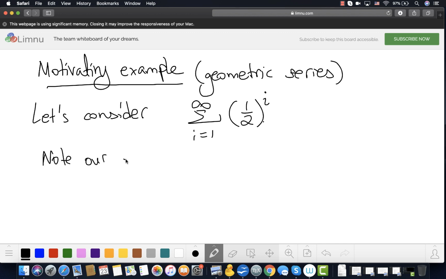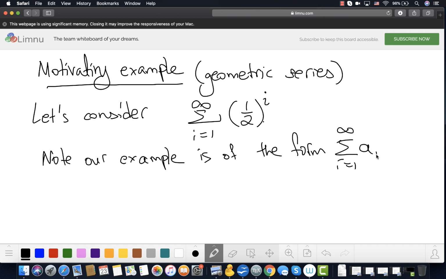So note that our example is of the form sum i goes from 1 to infinity of a sub i, where the sequence that we're summing up is simply 1/2 to the power of i. Okay. So now that we know what a sub i is, we can actually find the sequence of partial sums.